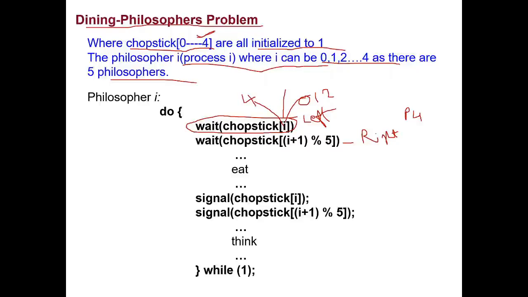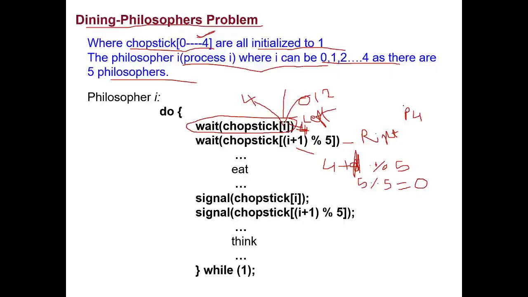So the fourth process is going to acquire the fourth chopstick, and now see, i is 4, so (4 + 1) modulus 5. 4 plus 1 is 5, and 5 modulus 5 gives 0.